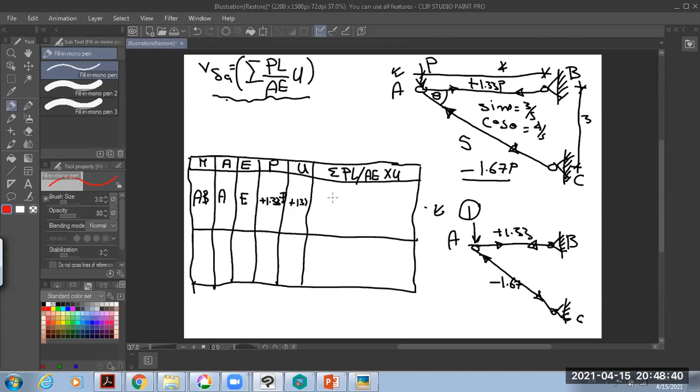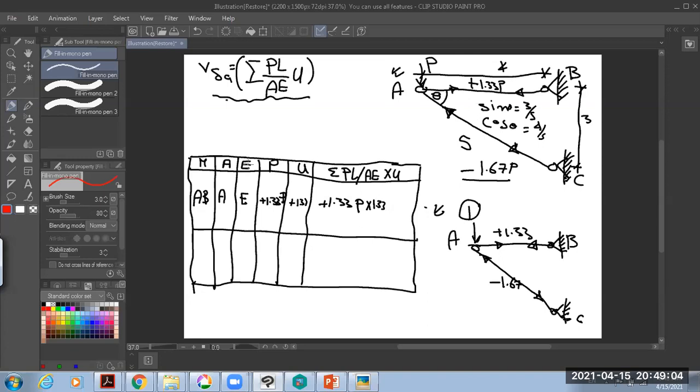Then the deflection in this member equals 1.33 B multiplied by 1.33, this U, and multiplied by L. Where is L?